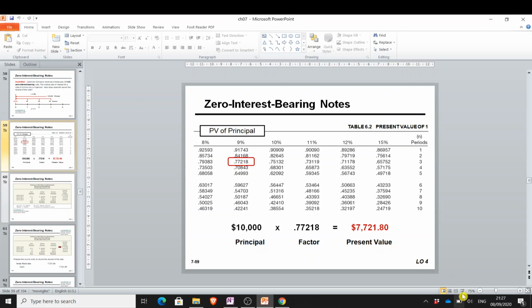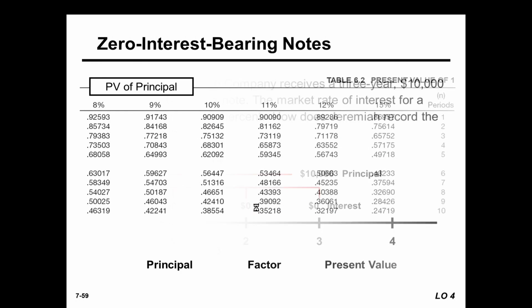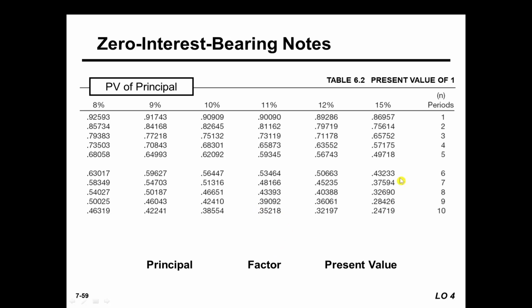So here we will use the same table. 3 years, 9%, equals 0.77218. So the value is 7,721.8.